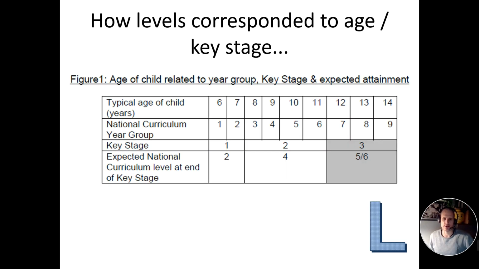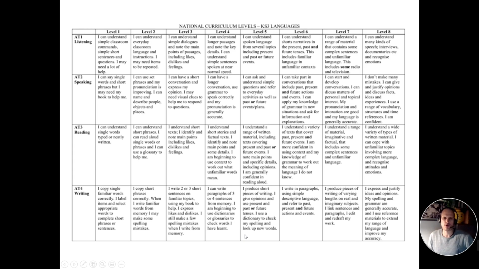This is sort of what they look like. If you look at the bottom row just here, you'd have some levels. They'd actually go up to level 8 and then exceptional performance. So officially they covered the ages all the way through to GCSE. And what you'd get in schools is lots of this kind of stuff.